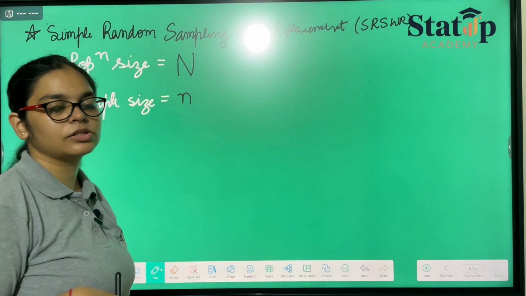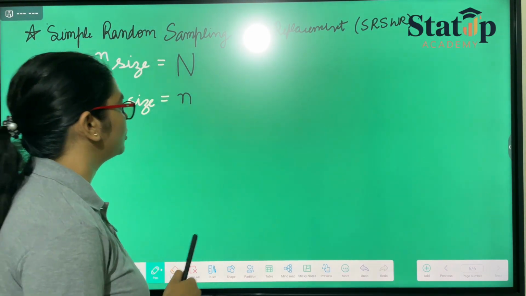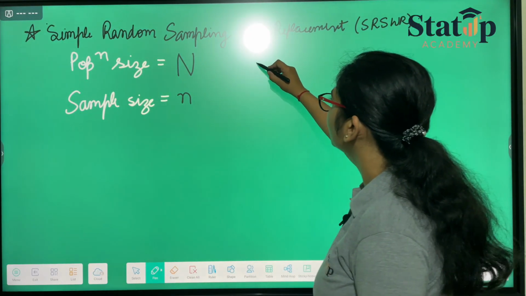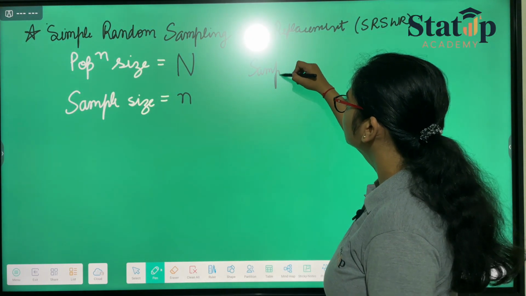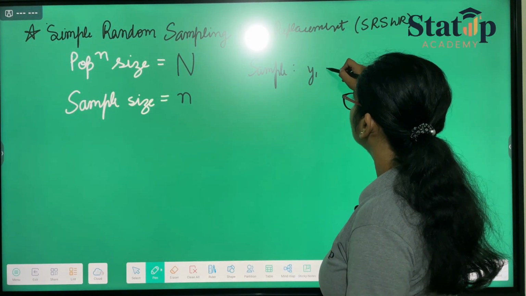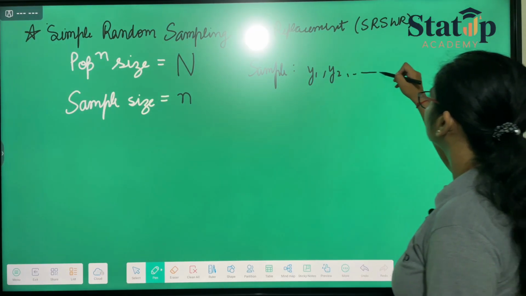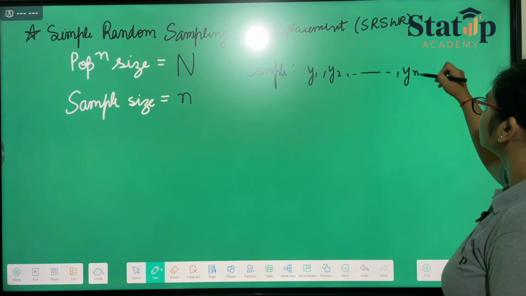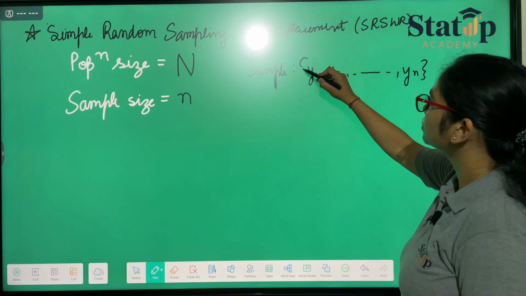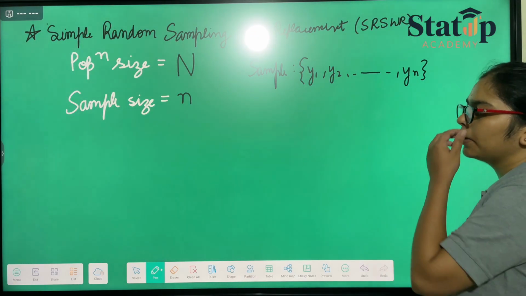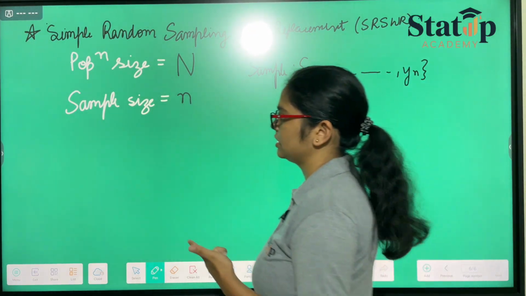Now population size is given to us and sample size is also given to us, where the sample found is y1, y2, ..., yn. Okay, so population size and sample size.